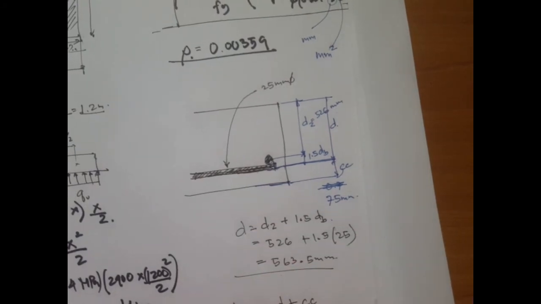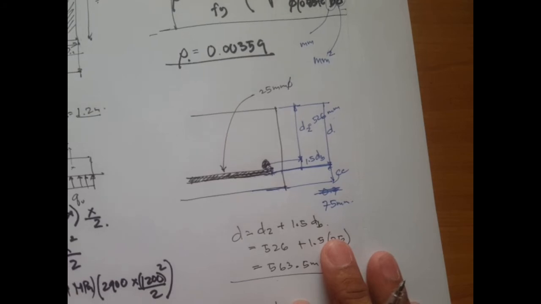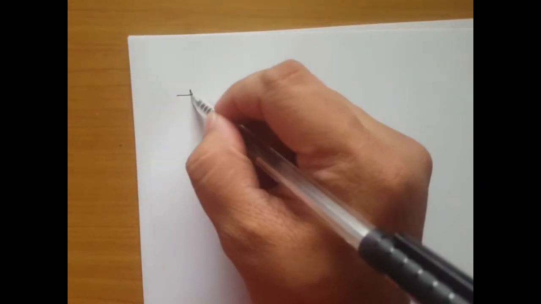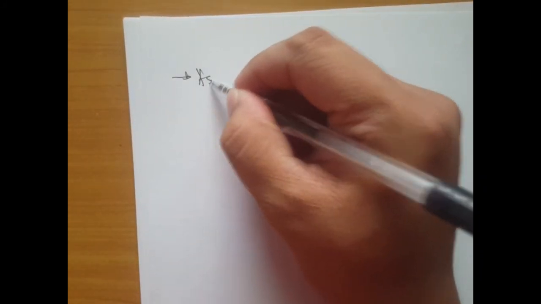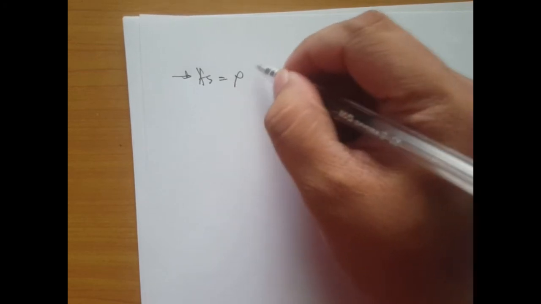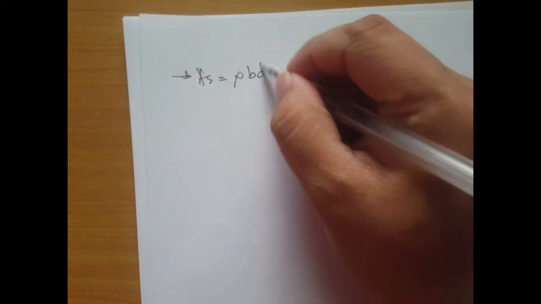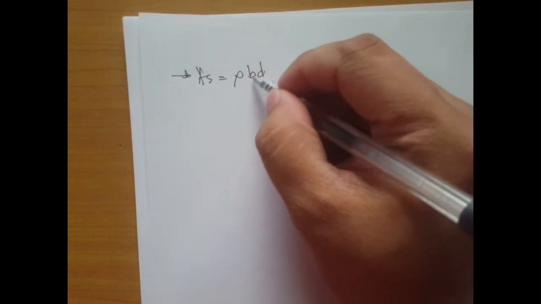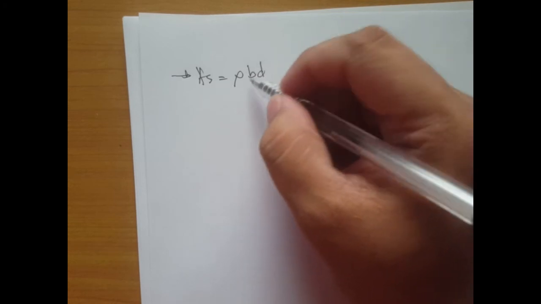Now that we have the steel ratio, we can solve for the area of steel. Recall that the area of steel is the steel ratio times B times D, the width times the effective depth.